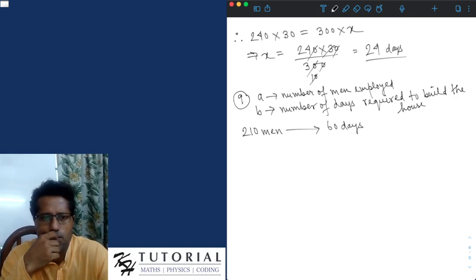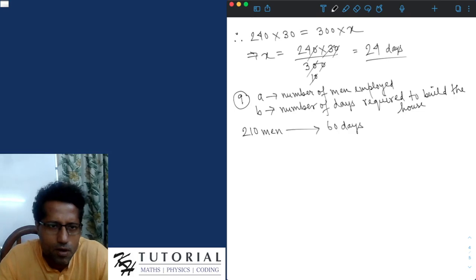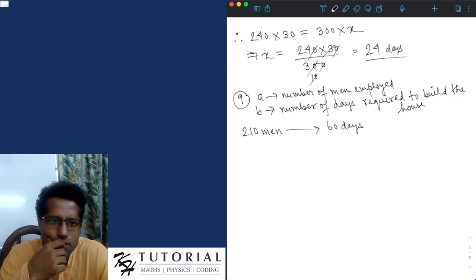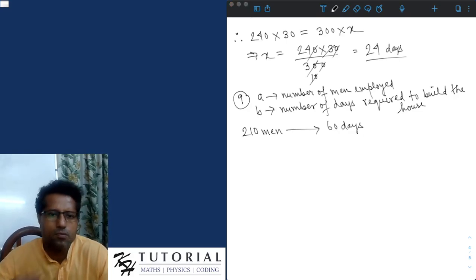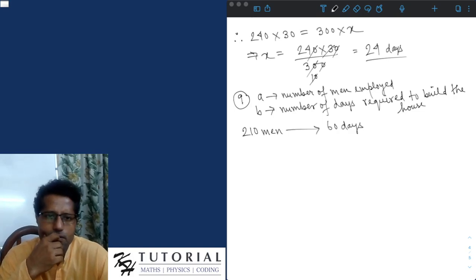And a hint is given: 210 men can complete the remaining work in 48 days. Find in how many days 280 men can do it.